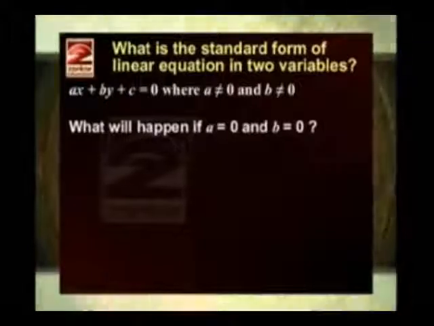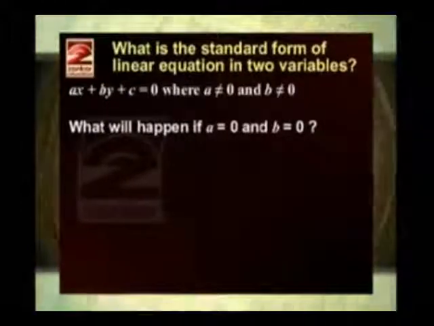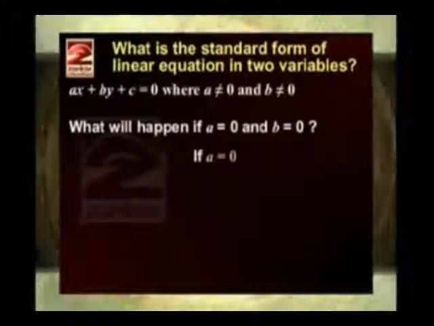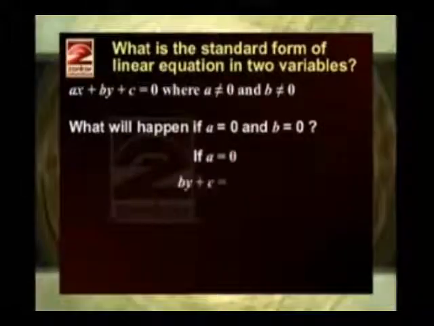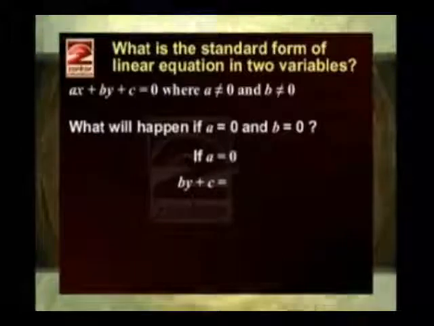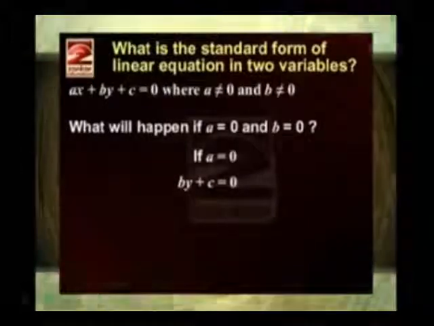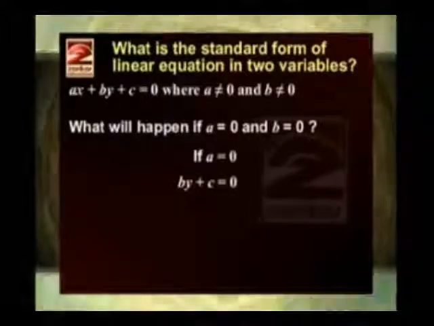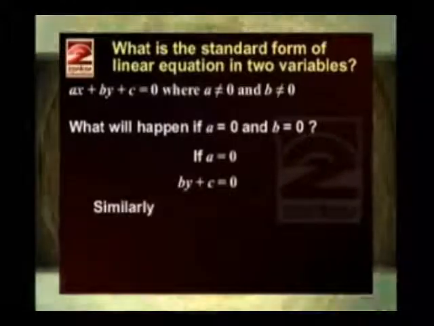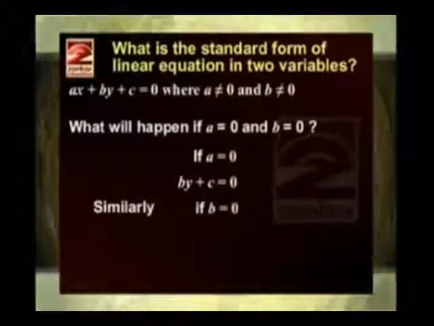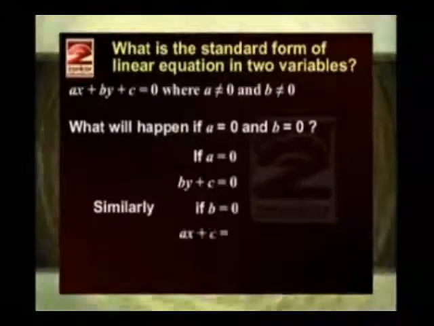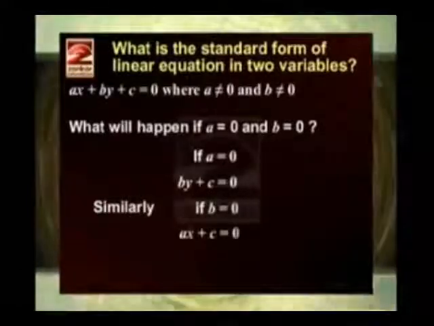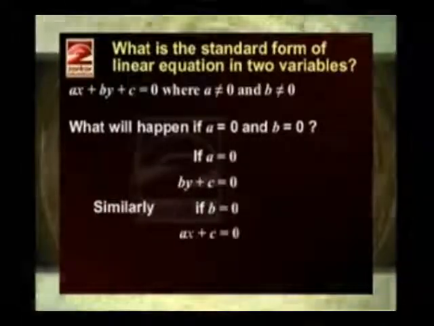So what will happen if a is 0 and b is 0? If a is 0, then the equation will become by plus c is equal to 0, but it won't be the equation in two variables. Similarly, if b is equal to 0, it will be ax plus c is equal to 0, which will have only one variable.